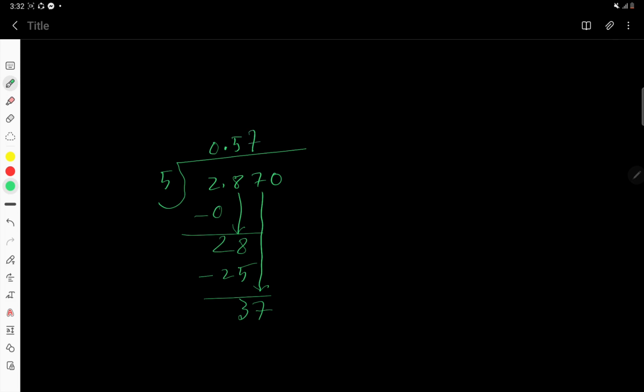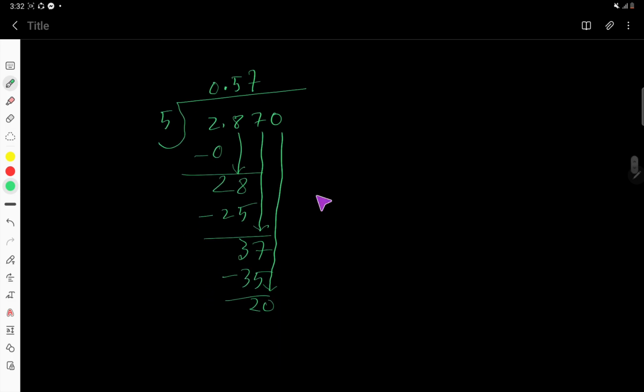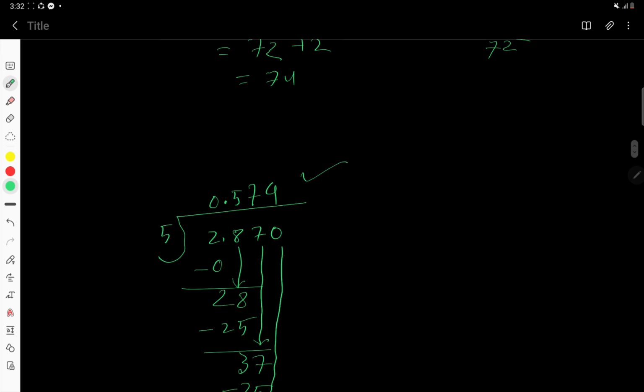Let us write 7 times. 7 times 5 is 35. Now subtract, then you are getting 2. Then bring down the last digit, that is 0. 5 goes into 20 how many times? 4 times. 4 times 5 is 20. If you subtract, you are getting 0. So this is your result, and this is the way to divide a decimal number using the long division method.